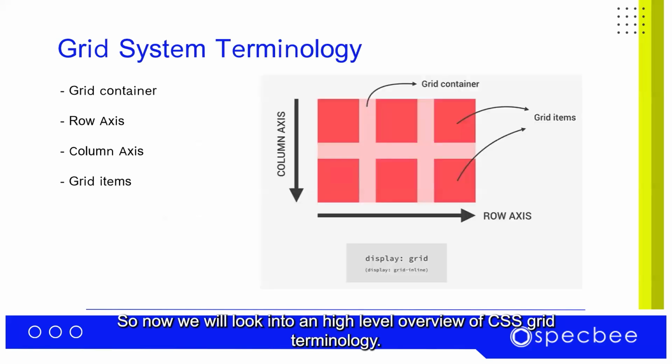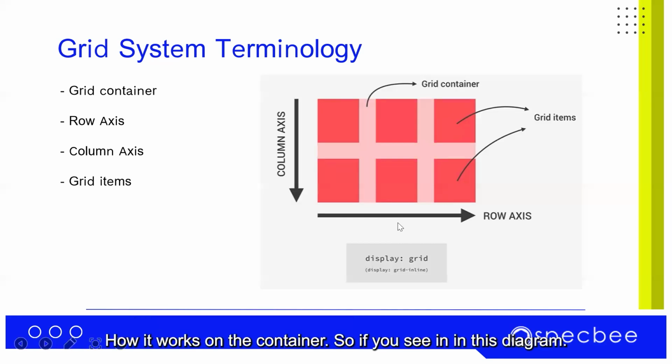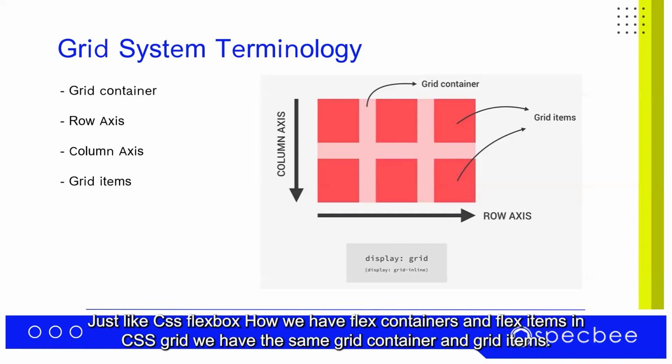Now we will look into a high-level overview of CSS Grid terminology and how it works at the container level. If you see in this diagram, just like in CSS Flexbox we have a flex container and flex items, in CSS Grid we have the same: a grid container and grid items.